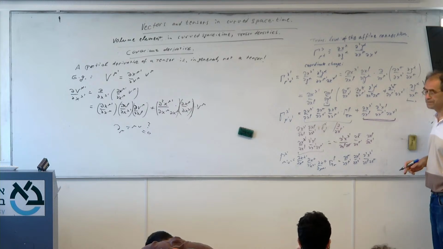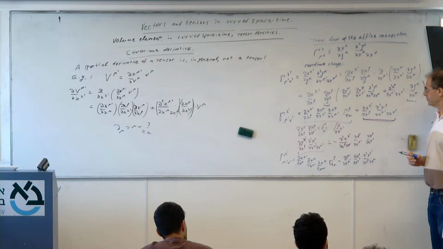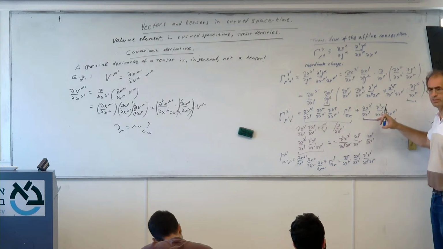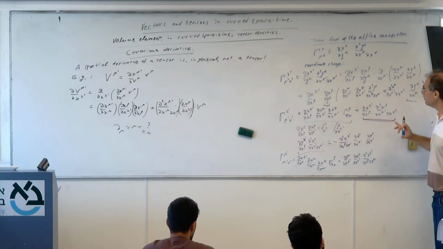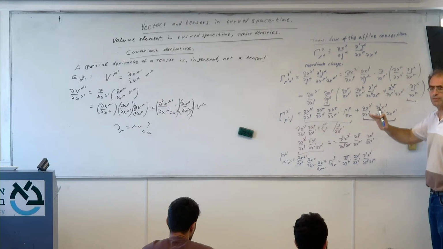Why can't we just set the problematic term to 0 and see what the constraint is? It's not 0. We want a general transformation. We have a general transformation from x mu to x mu prime.